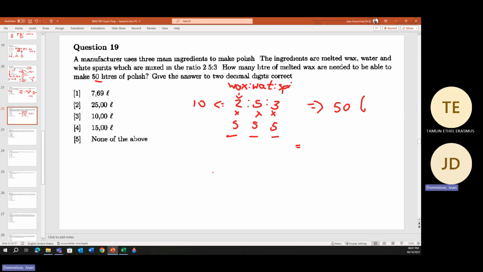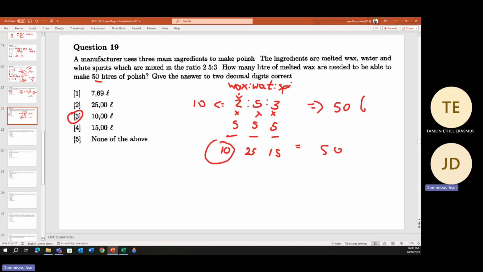So let's see, 2 times 5 is 10 liters of wax, 5 times 5 is 25 liters of water, 3 times 5 is 15 liters of spirits. If you add that together, 15 plus 25 is 40, plus 10 does give you the 50. So we know the ratio is correct. They ask wax, which is then 10 liters. So our answer is the 10 liters.